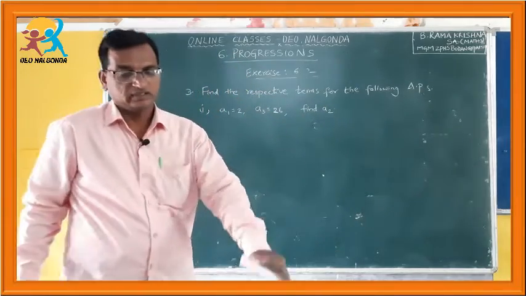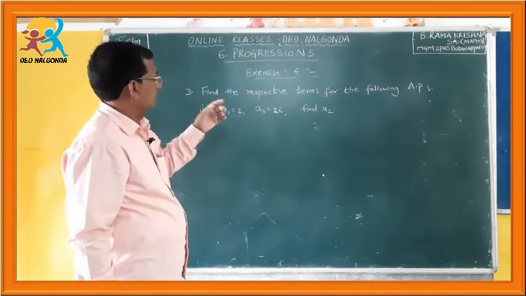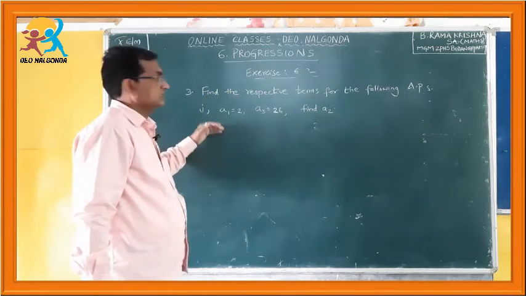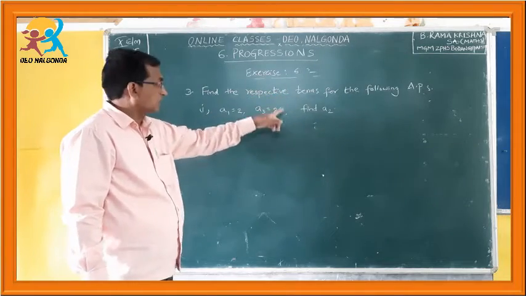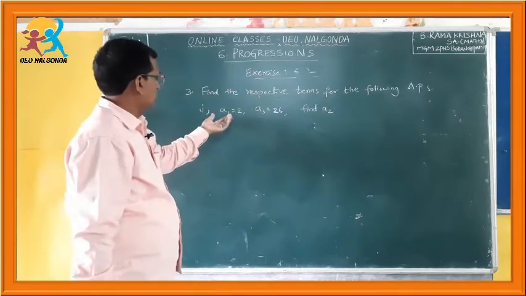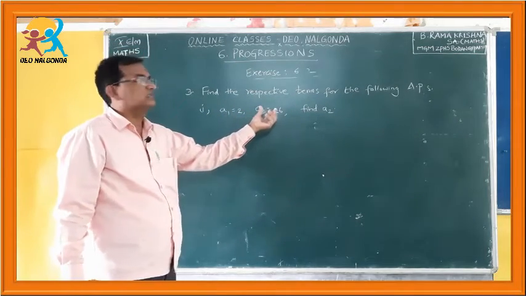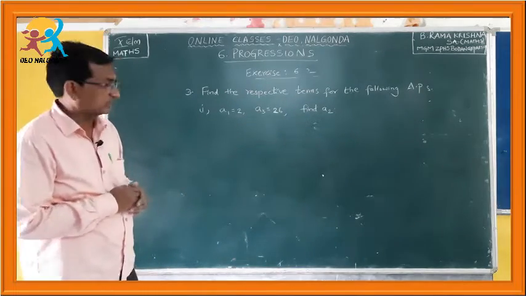In every question, he will ask in the question itself, like this is general for all of them. Find the respective terms. What do you understand by respective terms? It means in this question he is asking A2, you have to find A2, that's all. So, A1 is equal to 2, A3 is equal to 26, he is asking us to find out A2. A2 means what? Second term.